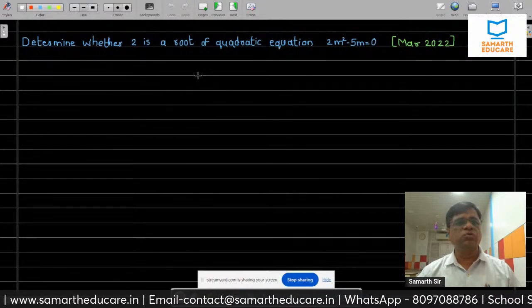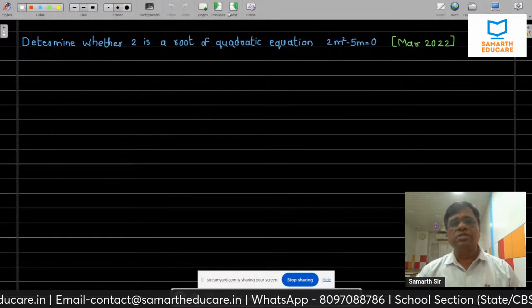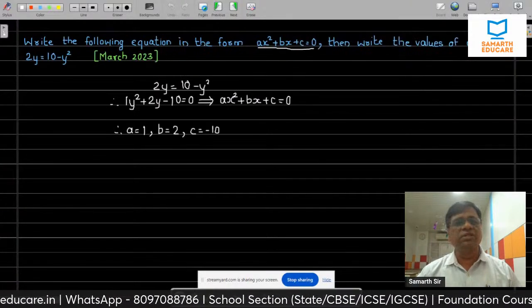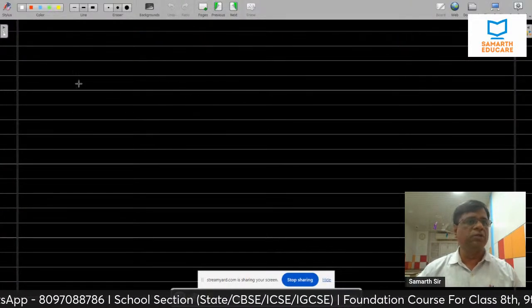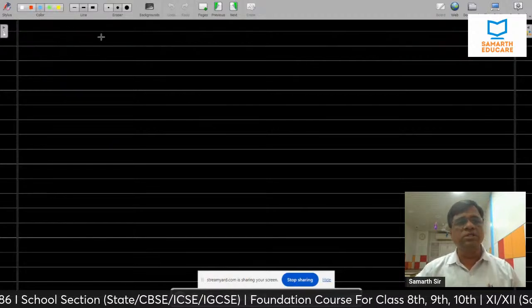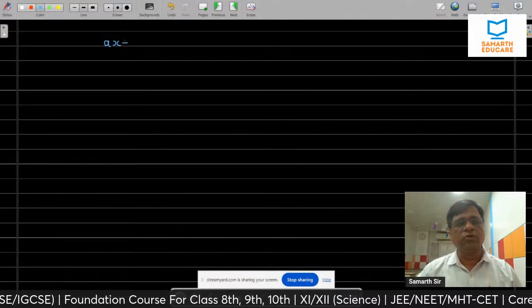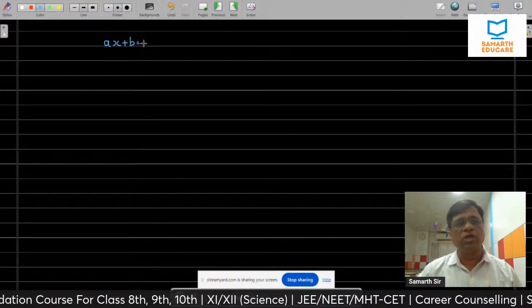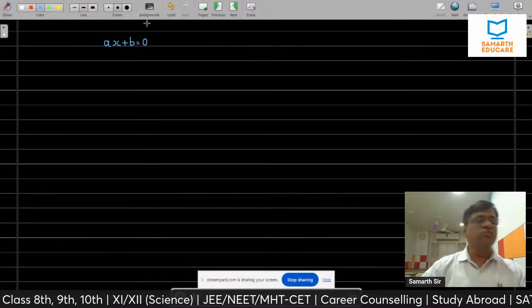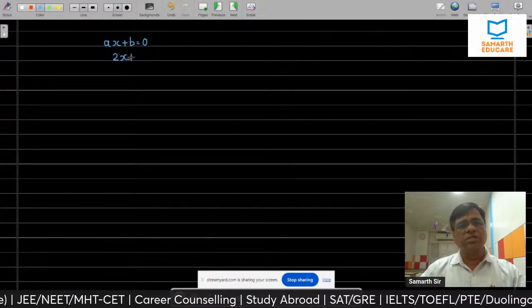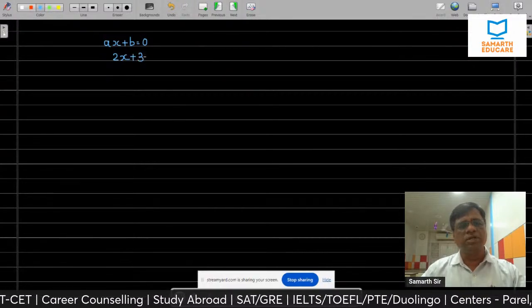Let's have a look at the next question. Before I start with this, I would like to add something here. Now this is a quadratic equation. Earlier we saw the linear equation. So what happens in a linear equation? Suppose this is a linear equation. I'll give you one example: 2x plus 3 equal to 0, a very simple example.